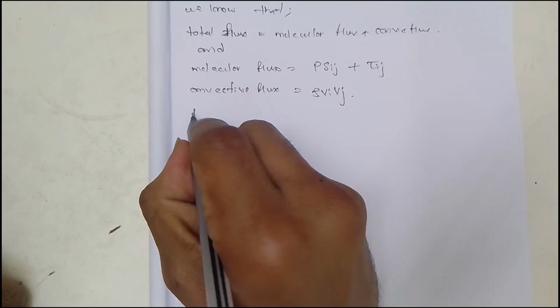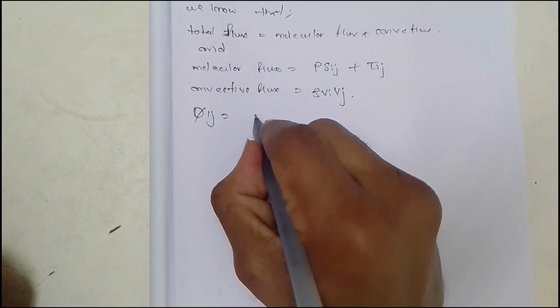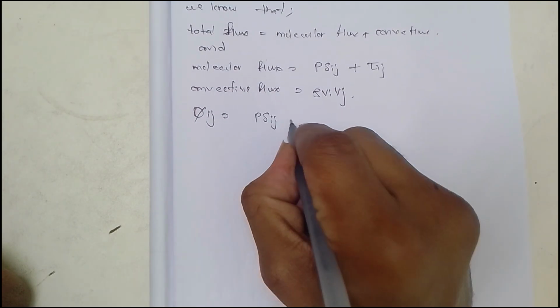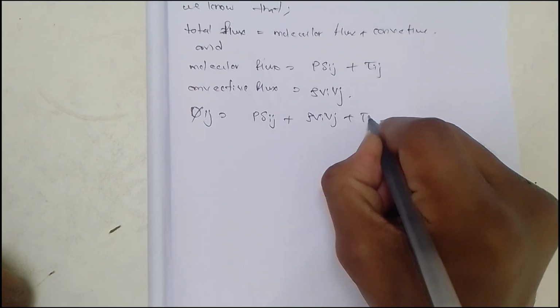Now total flux is denoted as pi ij is equal to P delta ij plus rho Vi Vj plus tau ij.